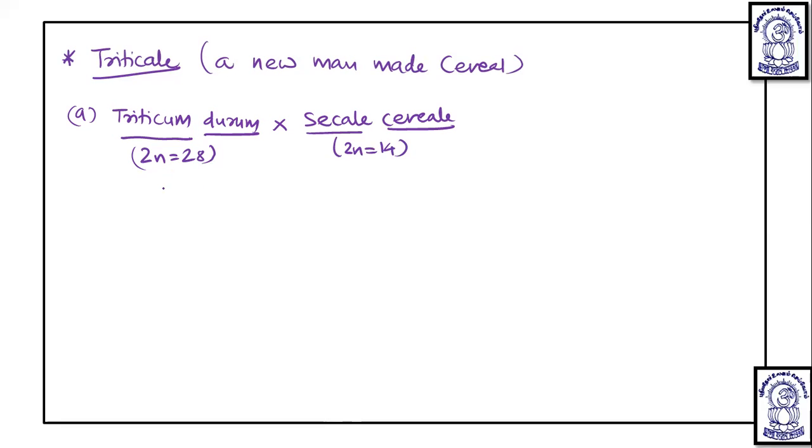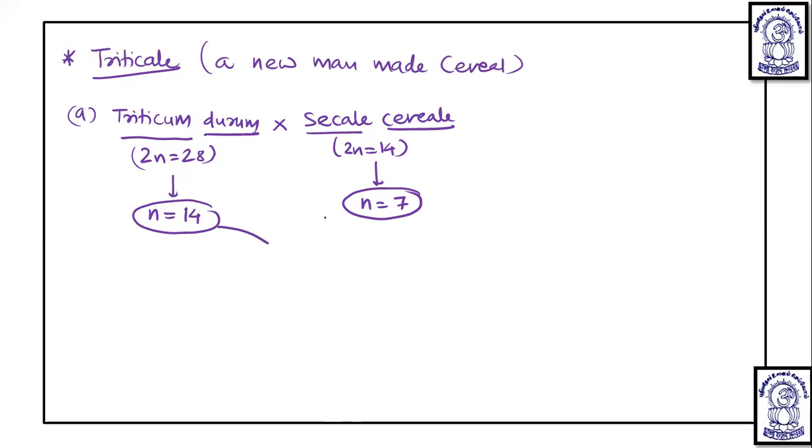Now this Triticum durum, that is 2n equals 28, is going to produce a gamete that is n equals 14. Okay, and here its gamete is going to have 7 chromosomes.